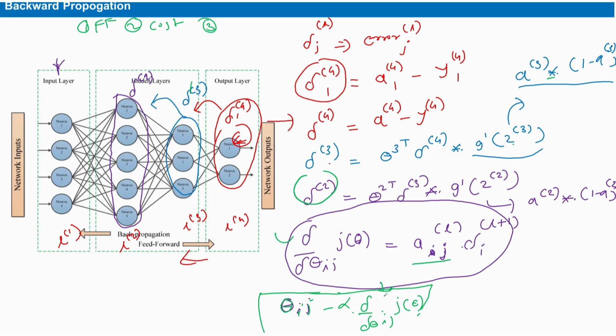Then you can update all theta ij as theta ij minus the learning rate into the partial derivative of the cost function. These are the steps. I hope you understood.